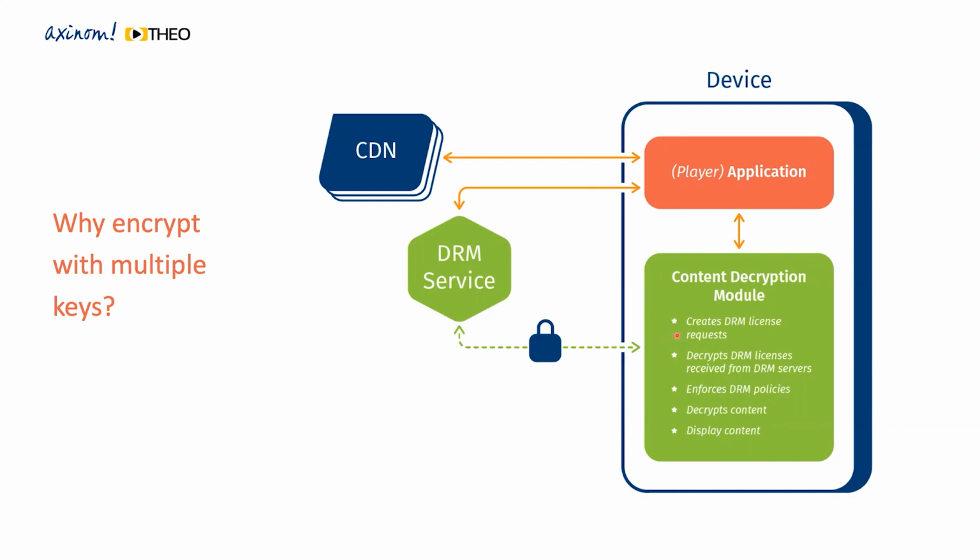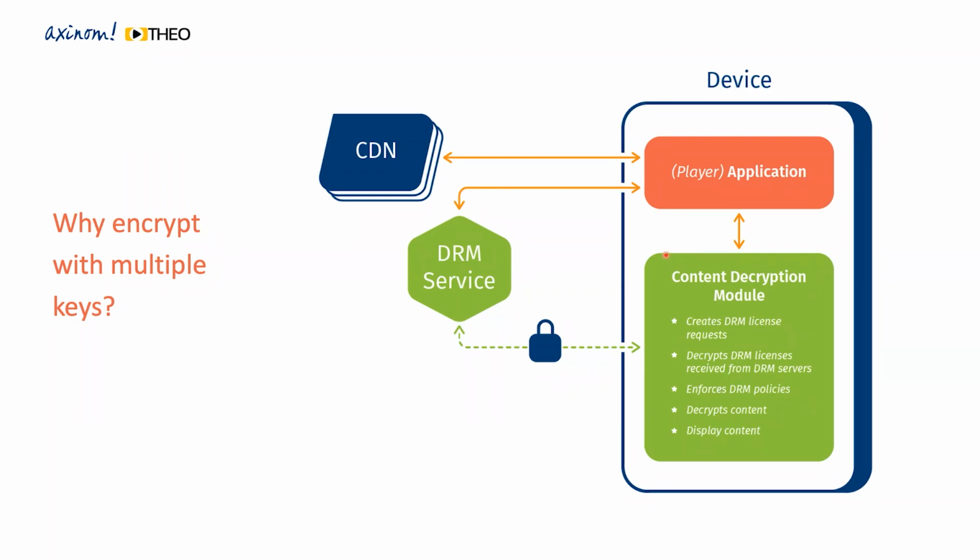These responsibilities are creating DRM license requests, decrypting DRM licenses that are received from DRM services, enforcing the DRM policies contained within, and then decrypting the encrypted content and displaying that content.